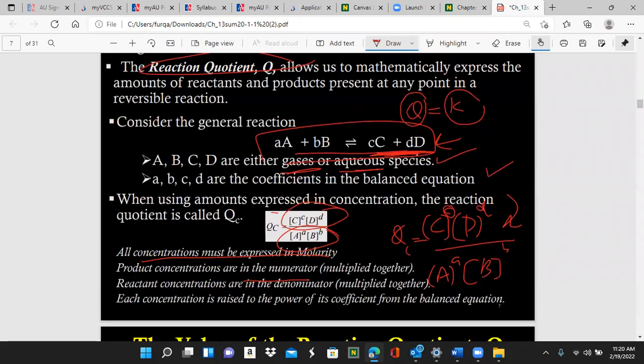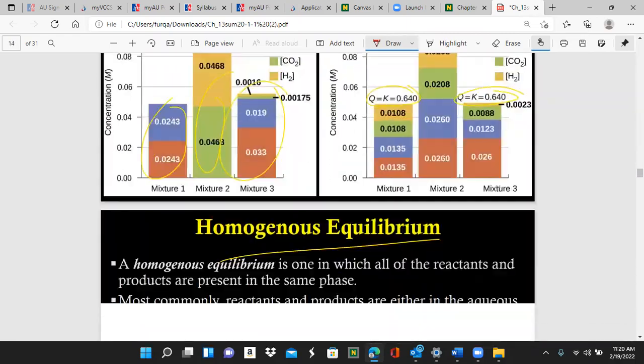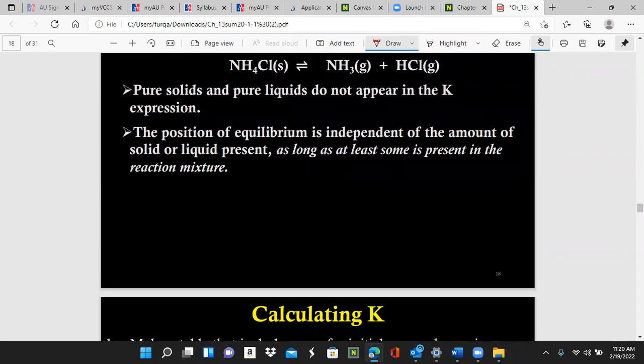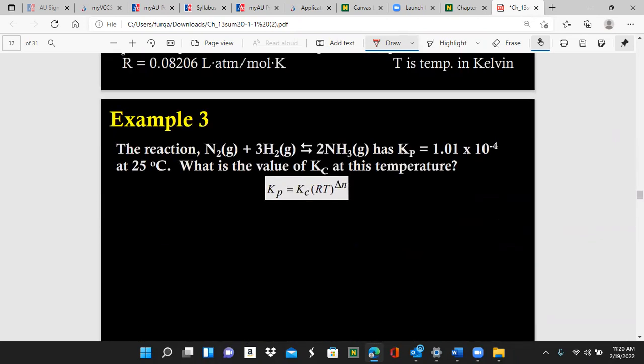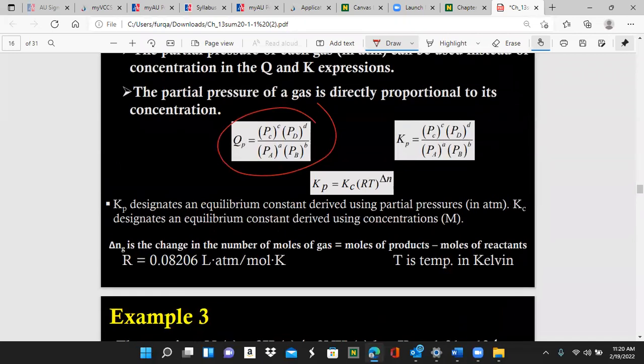Right now, about the gases, we are talking about QP, and because there's a change in unit, there is a little change in the concentrations also, and that leads to a different value of K at P versus K at C, if you're using the concentration unit as molarity versus the pressure. So there's a slight difference in the values.